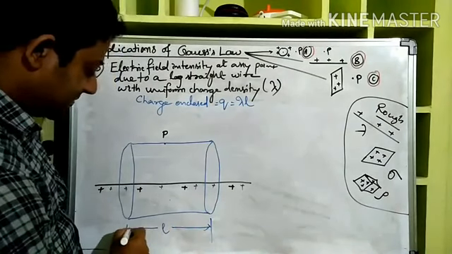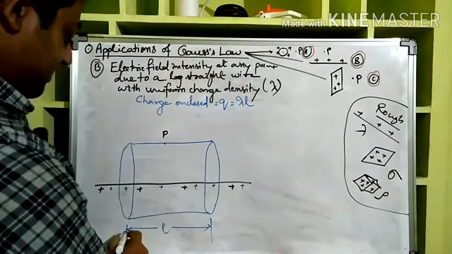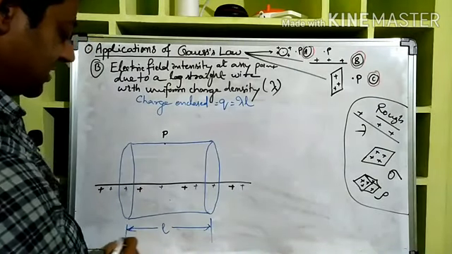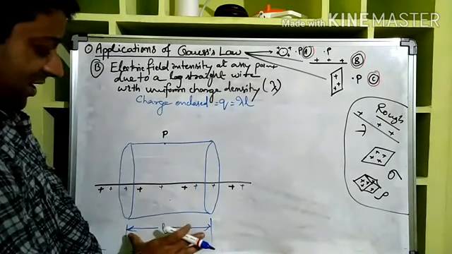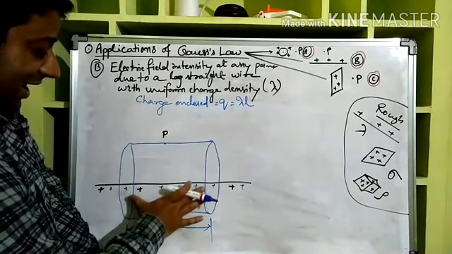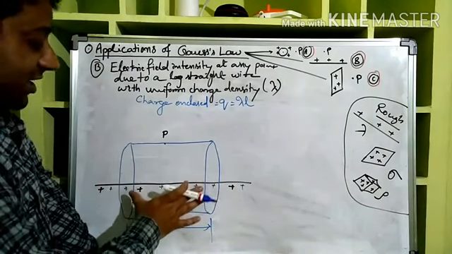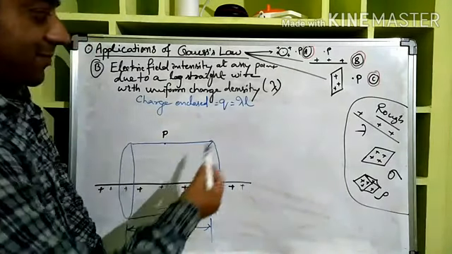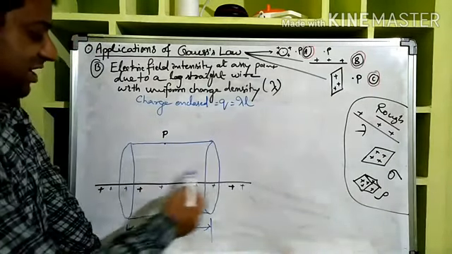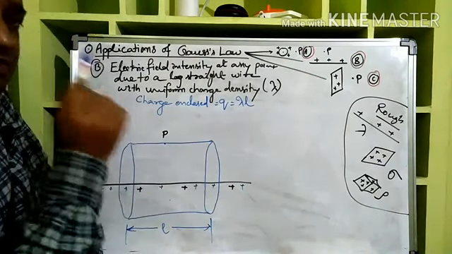Lambda is the charge per unit length, multiplied by the length gives the total charge. So how much charge is enclosed in the cylinder? The charge contained in the L length of the straight wire, and that wire's charge density is given in the question to be lambda. So, lambda into L is the charge present inside the closed surface, which is a cylinder.